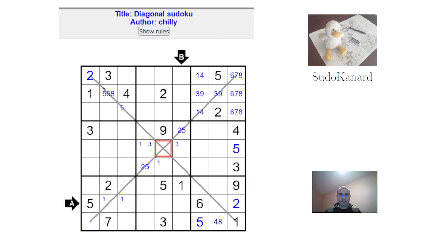It could be here or here. Only 2 positions for 7 on this diagonal. There's 2 somewhere here. Oh, sorry.